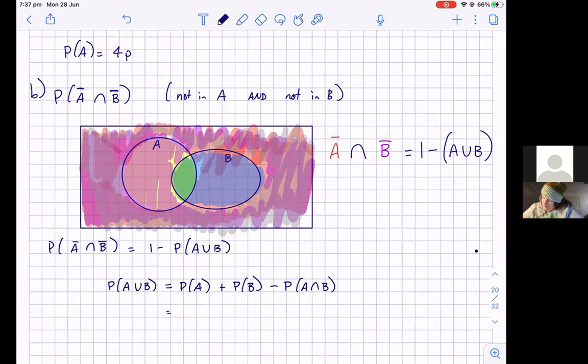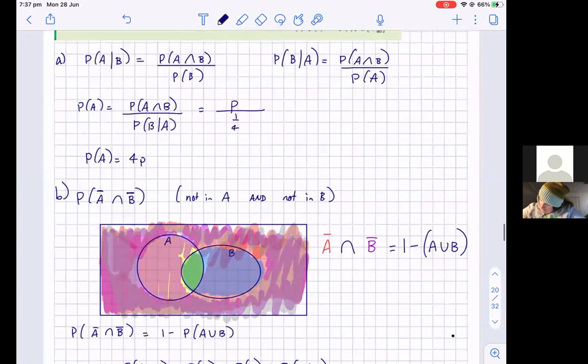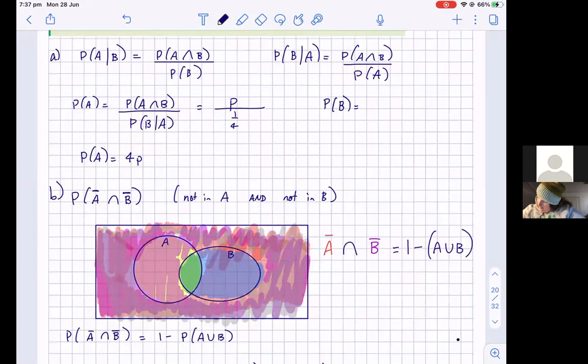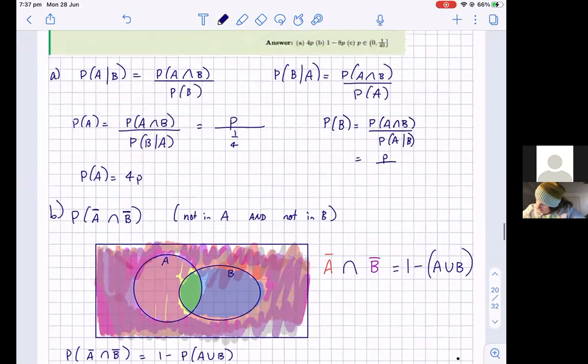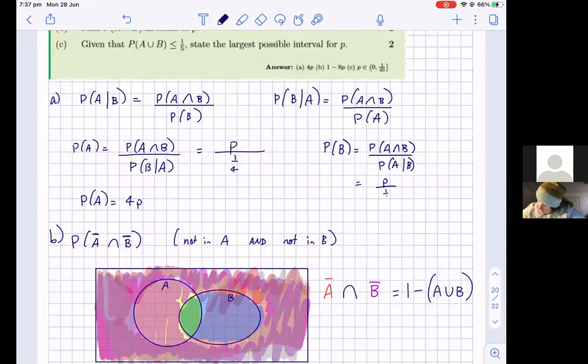Now we know the probability of being in A, it's 4P. The probability of being in B, we can get the same way. It's the probability of A intersection B over the probability of A given B, which means we've got P over 1/5, which is 5P.